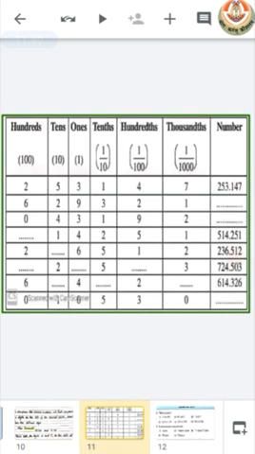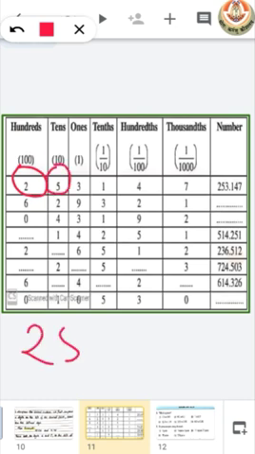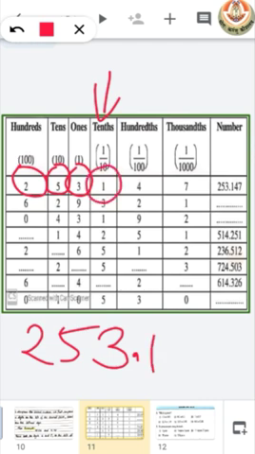Let's try to understand with a chart. Here you can see that there are digits given for various place values. For example, in the first one, 2 is for the hundreds place value, 5 is for tens, and 3 is for ones. It is 253. Then comes tenths, meaning we have to put the decimal, and after the decimal we have 1, then 4, and then 7.